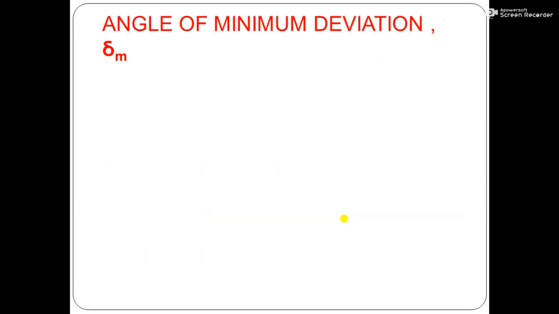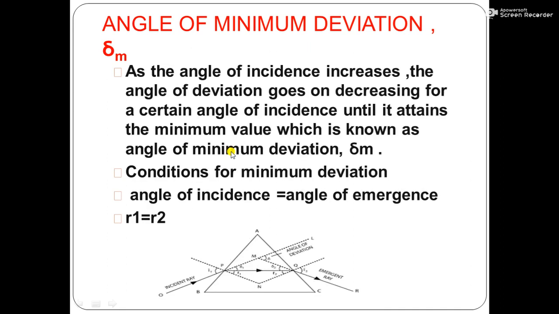And that means we can define angle of minimum deviation as follows: as the angle of incidence increases, the angle of deviation goes on decreasing. And for a certain angle of incidence, it attains the minimum value, which is known as the angle of minimum deviation.